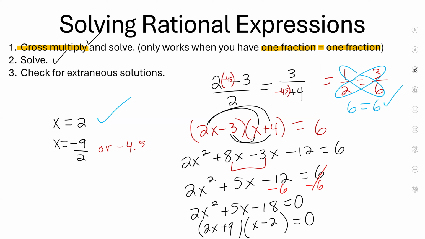Okay, so guys, what is 2 times negative 4.5? Negative 9 minus 3 is what? Negative 12, thank you, over 2 equals 3 over what's negative 4.5 plus 4. Good, negative 0.5. Now cross multiply. Negative 12 times negative 0.5 is a positive 6. 2 times 3 is a positive 6. So that's also true. Both of these answers worked.